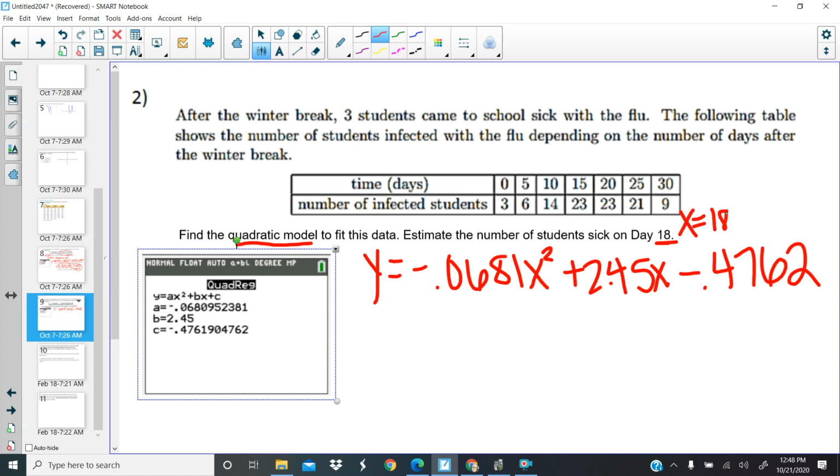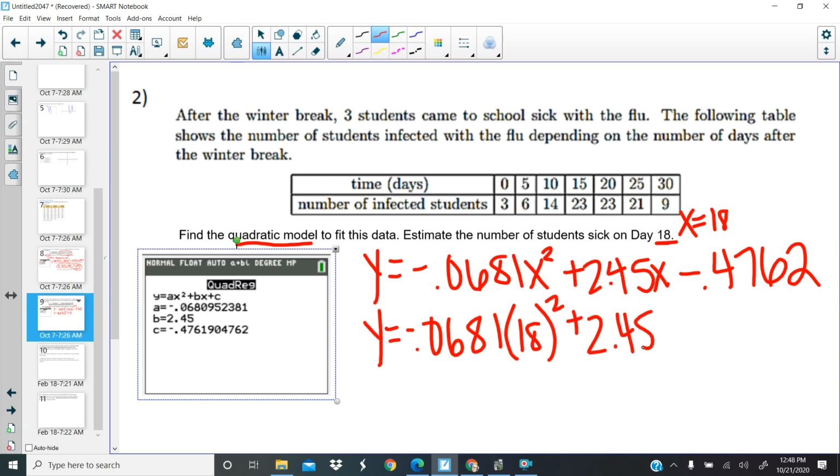So what I can do is go back in here and plug in 18 for each of these x's. So I would have negative 0.0681 times 18 squared plus 2.45 times 18 minus 0.4762. And this is going to give me an estimate of the number of students sick on the 18th day.